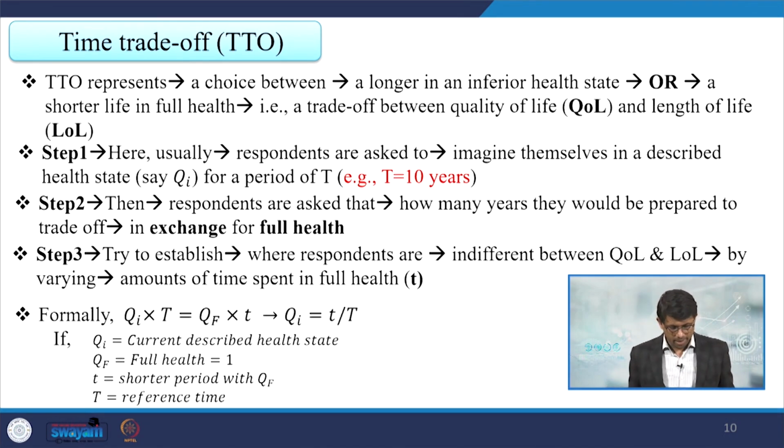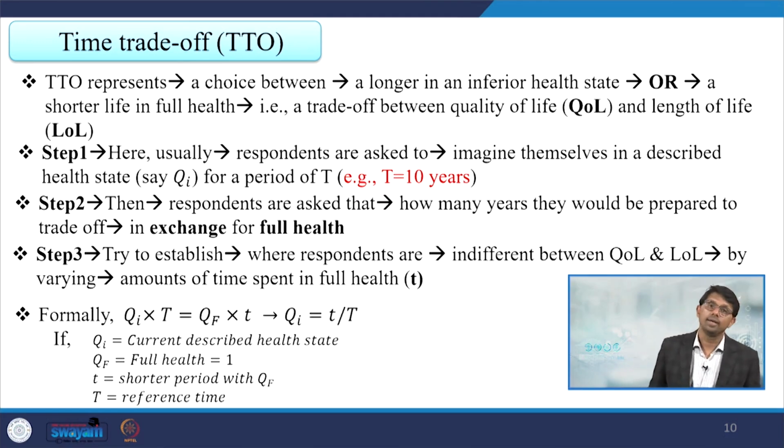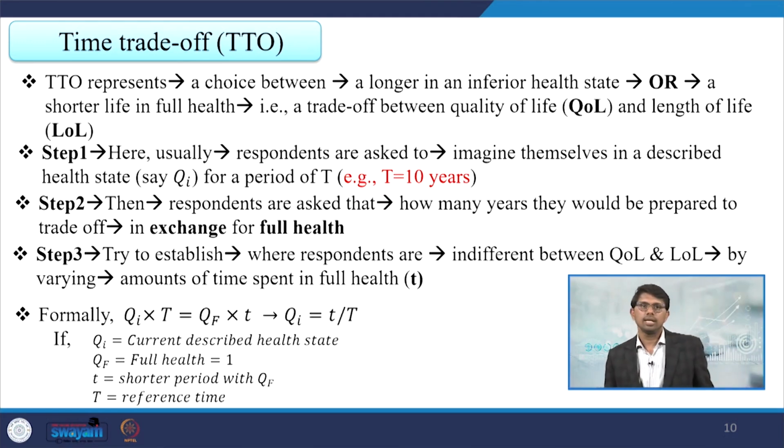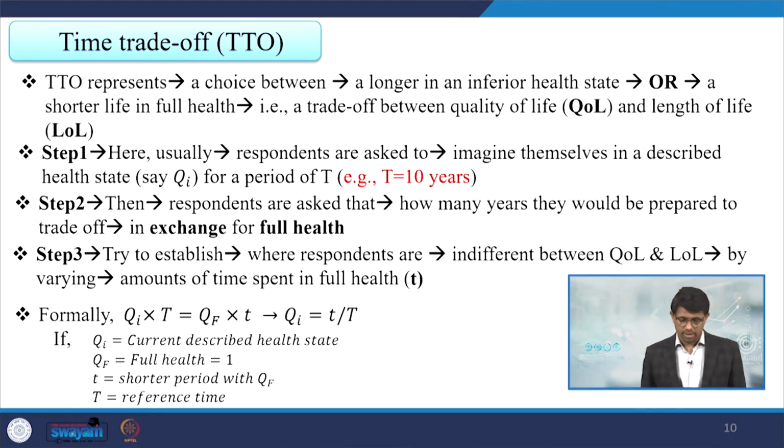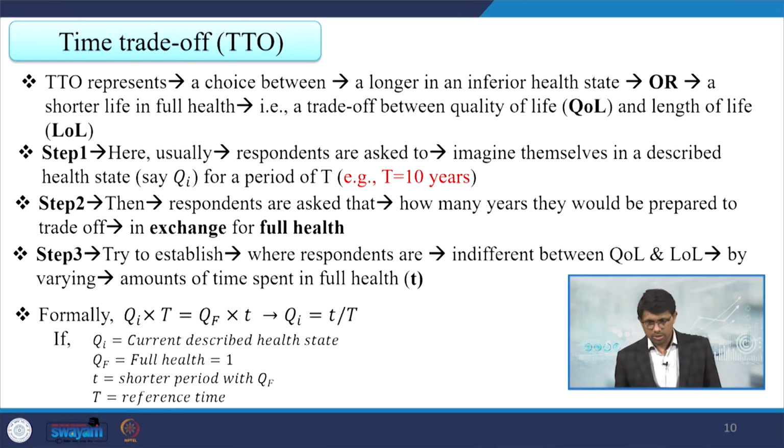So, and the amounts of time in full health, the T, that is incurred for the full health. Hence, the QI times the total T is equal to the QF we already said times the amount of time in full health, and QF stands for the full health, that is equal to 1.